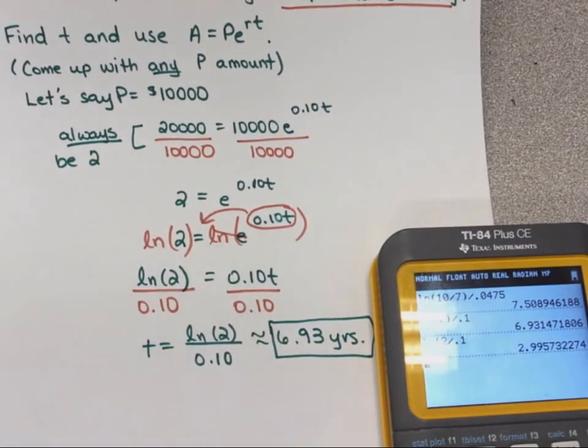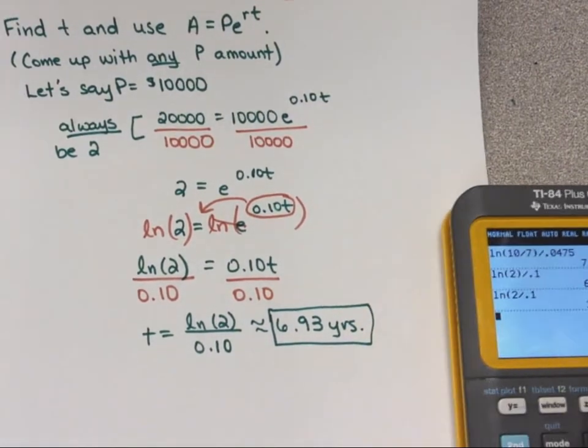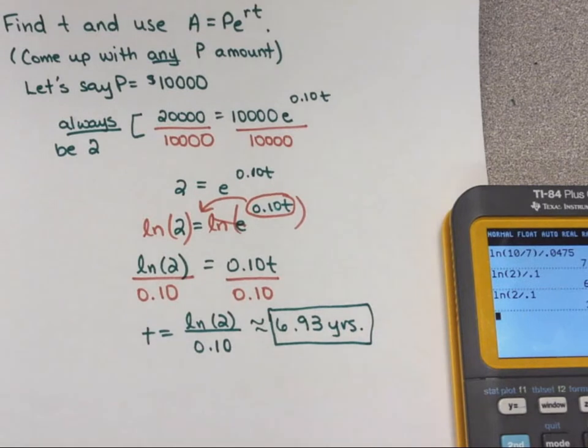All right, so just a couple of things. I want you to look at what I got for the second line, which is the correct answer. But notice, what did I do in the third entry that is incorrect? I forgot to close out my ln. So what the calculator thinks I mean, which I don't actually mean, is it's trying to find the ln of that whole thing, like ln of 2 divided by 0.1, when I don't want it to do that, right? I want it to stop the natural log and then divide it by 0.1, okay?